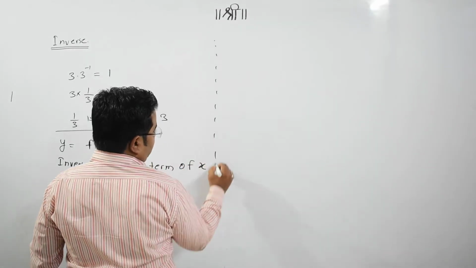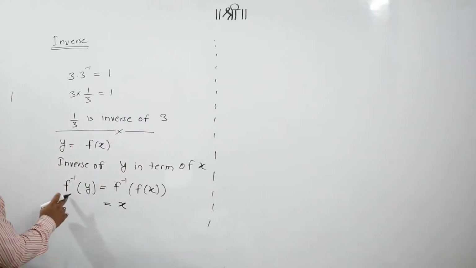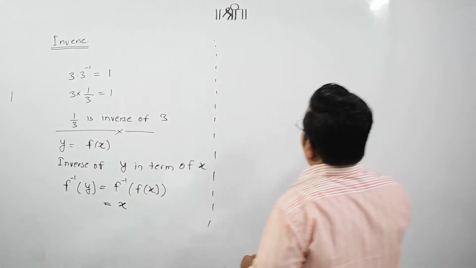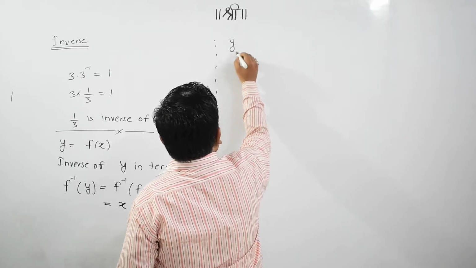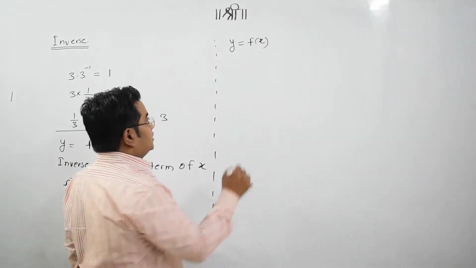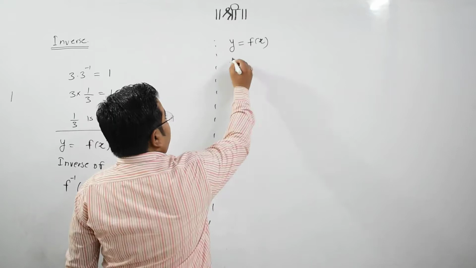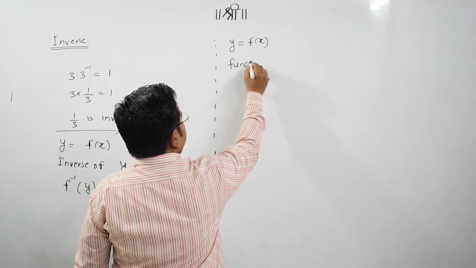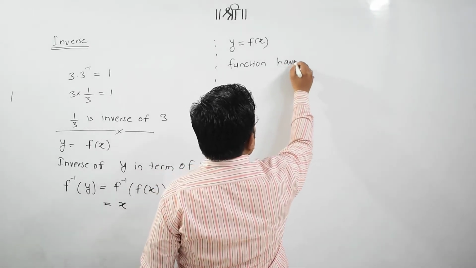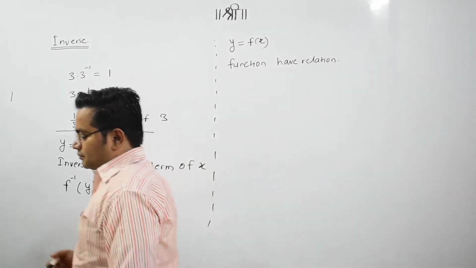I am not talking in terms of mathematical terms. I am talking in a simple manner about how we can find out the inverse. In terms of mathematics, the function y is equal to f of x has its inverse when the function has a particular relation.